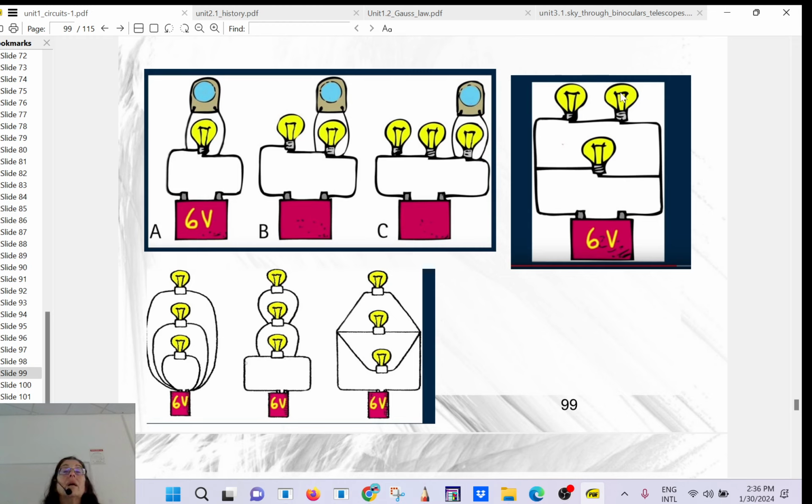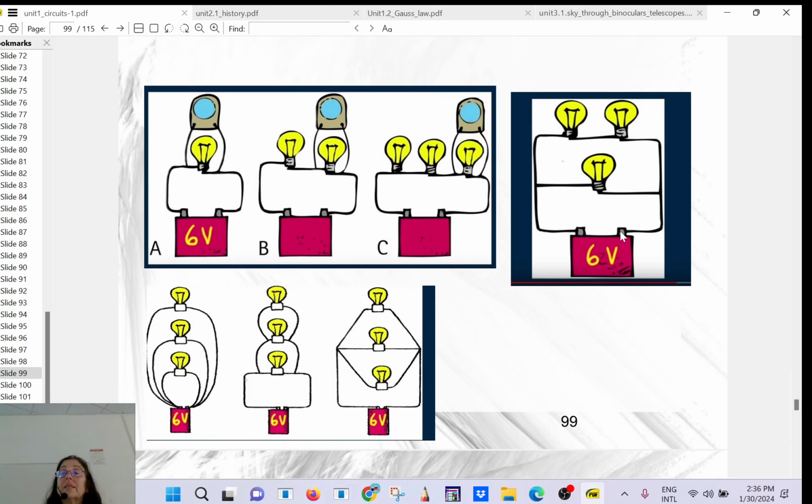So R and 2R, R and R, that's going to give you 2R. So the voltage drop across each one will be, no. So across here, no. Look, it's connected to, how much do they get?